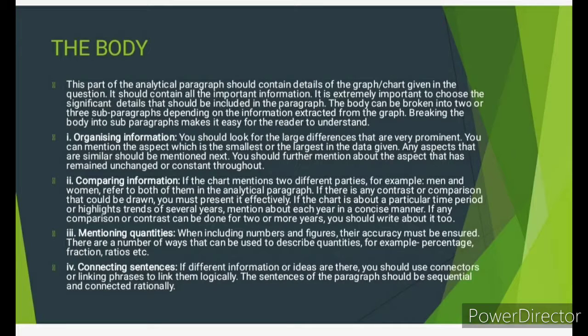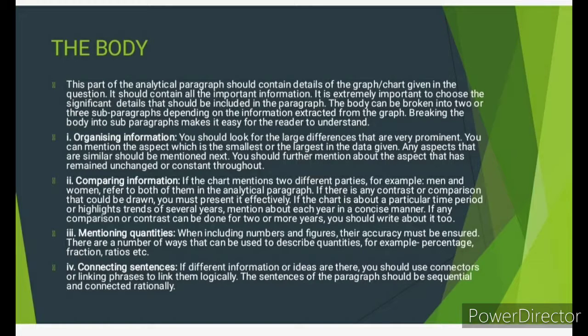Mentioning quantities. When including numbers and figures, their accuracy must be ensured. There are a number of ways that can be used to describe quantities. For example, percentage, fraction, ratios, etc. It depends upon the question asked. Connecting sentences.